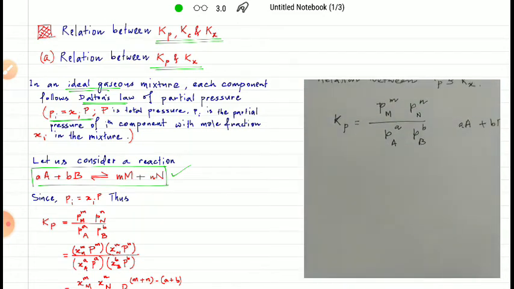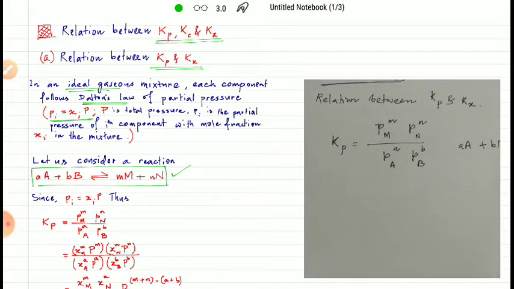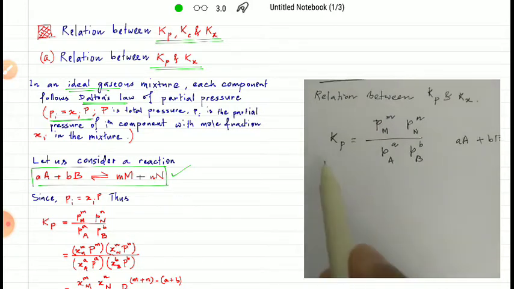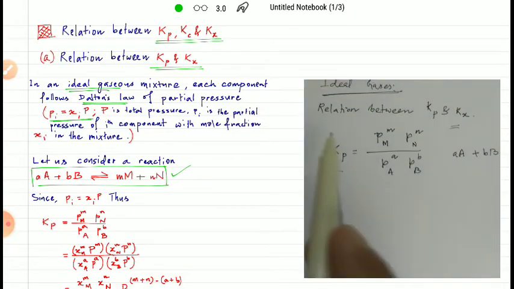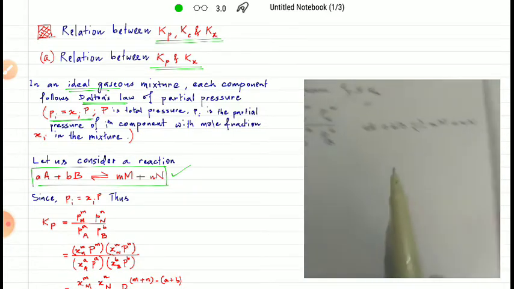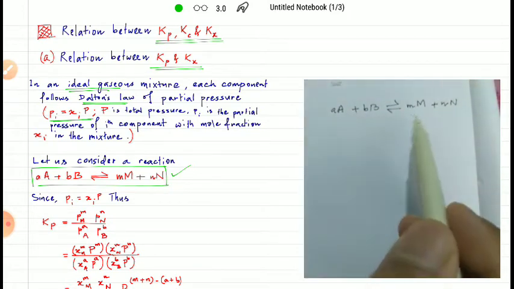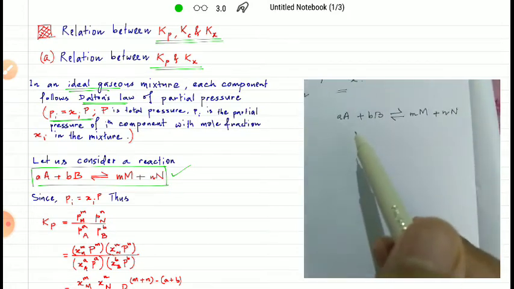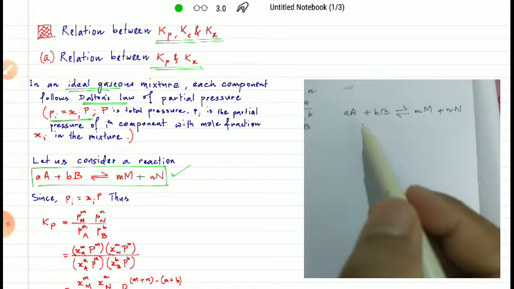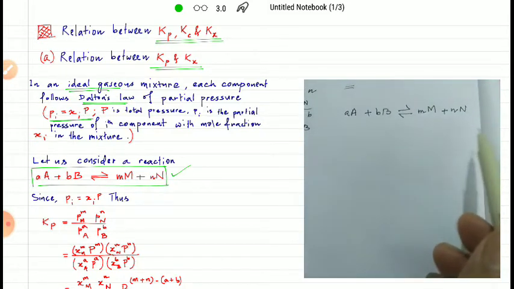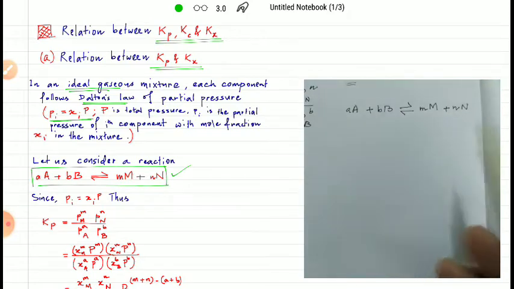Now what we have to do is derive a relation between this Kp and Kx. Since we are talking about ideal gases, that means all the reactants and all the products are ideal gases.